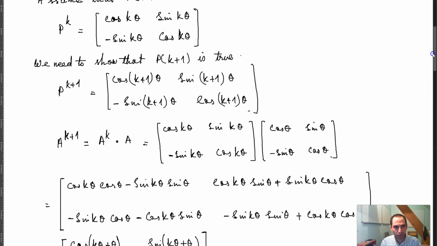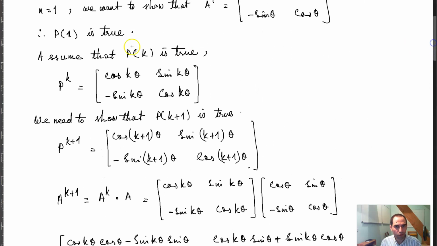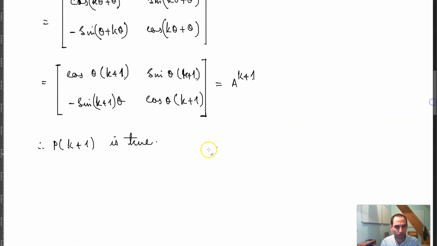So here we know that P(1) is true. Here we have assumed that P(k) is true. Here we have shown that P(k+1) is true, right?